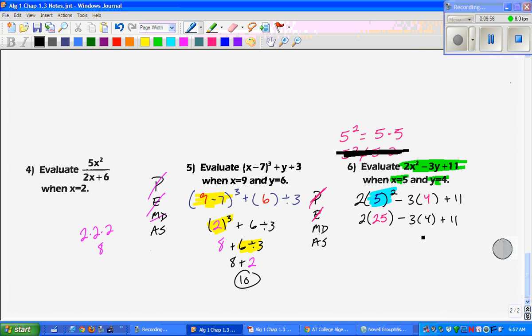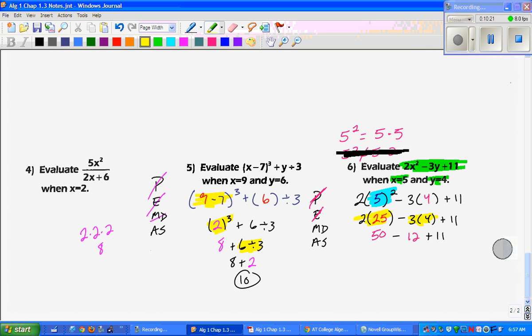Now, the next step, multiplication or division. We actually have two multiplications which we can do, and those were right here and there.